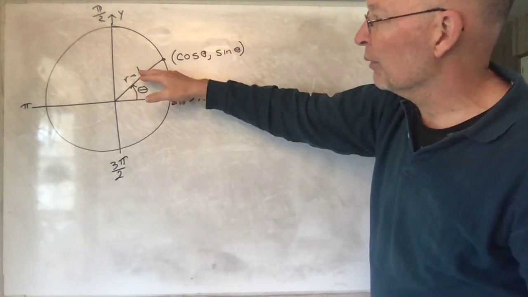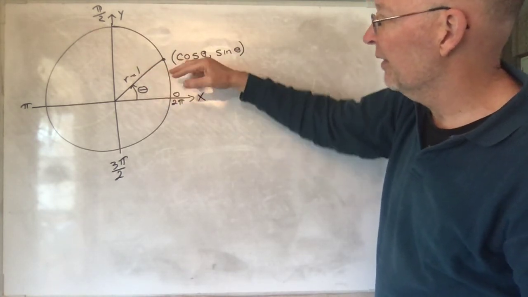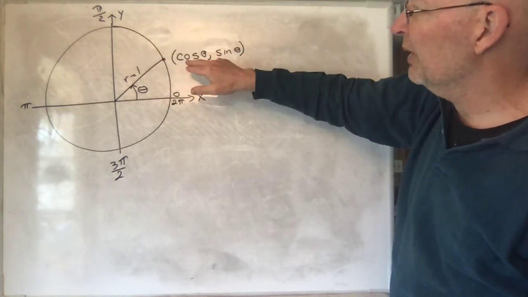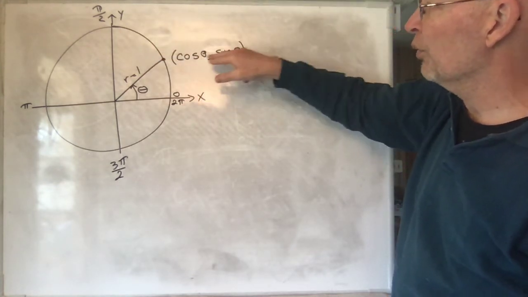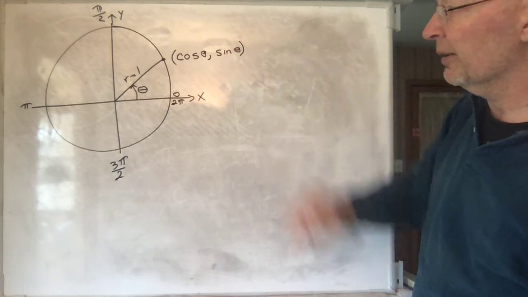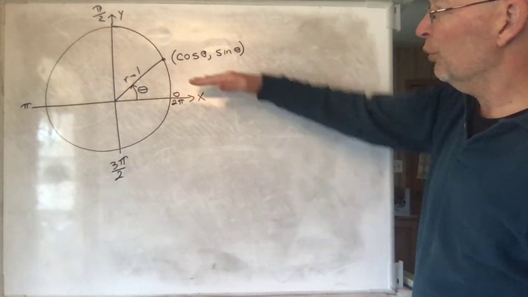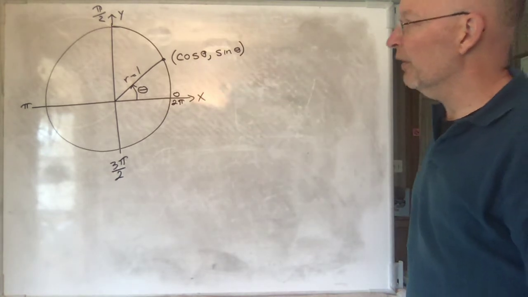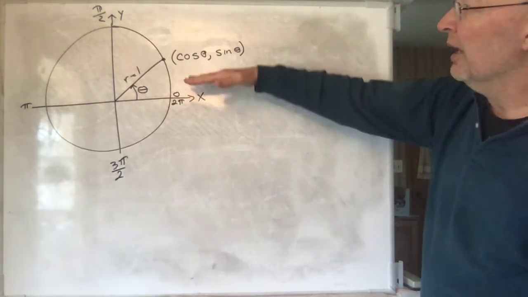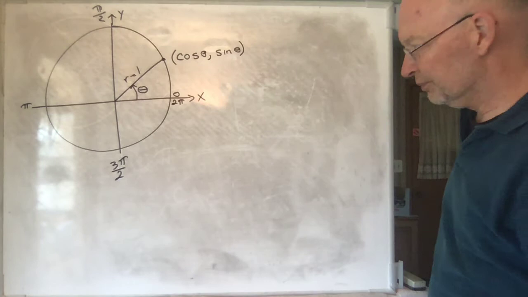If r were equal to 5 rather than 1, then everything would just blow up, and the coordinates would be 5 times cosine theta and 5 times sine theta. So there's the definition. As soon as we define it like this, we can see some very important properties involving the sine and the cosine.